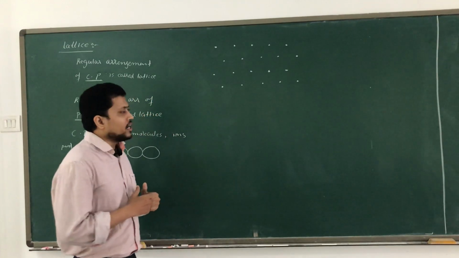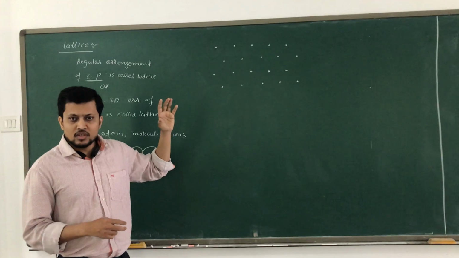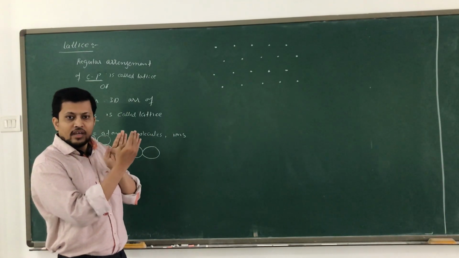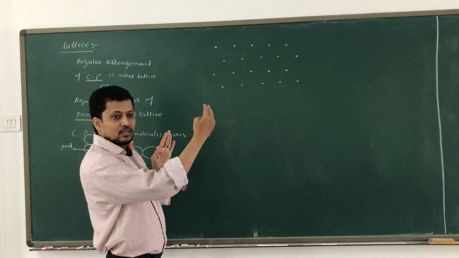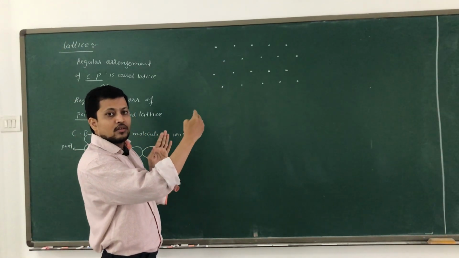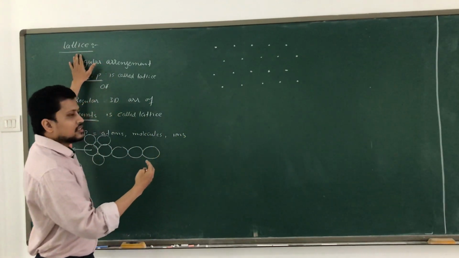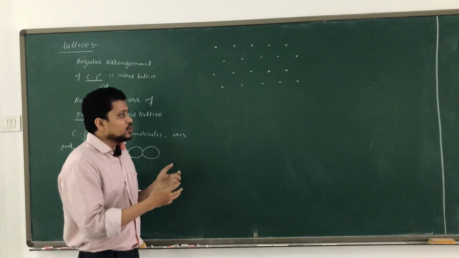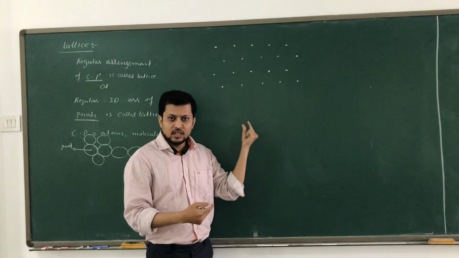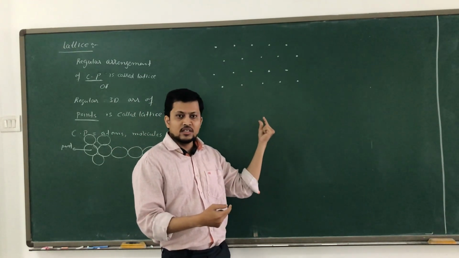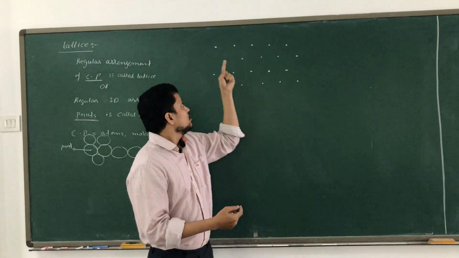So unit cell is nothing but the regular three-dimensional arrangement of units in a continuous manner, which makes a lattice.